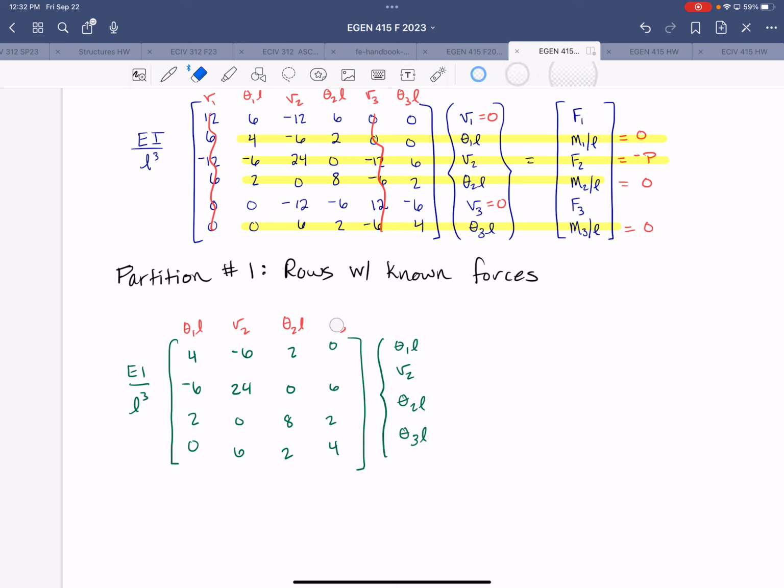Oh, I mistakenly wrote V3 above column 4, it should be theta 3L. Set that equal to our known forces, which is 0, negative P, 0, and 0.